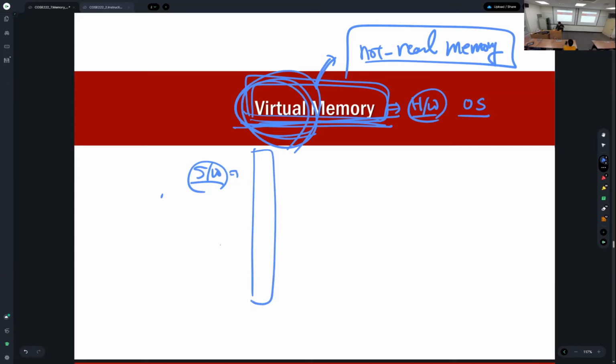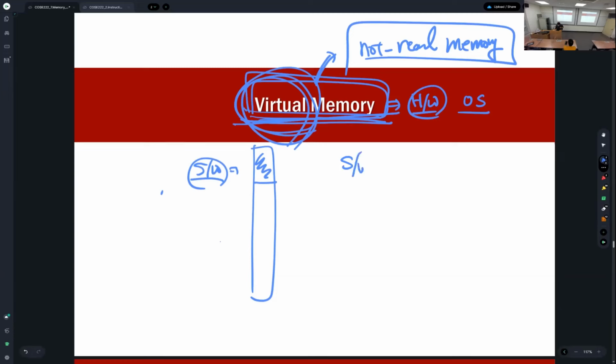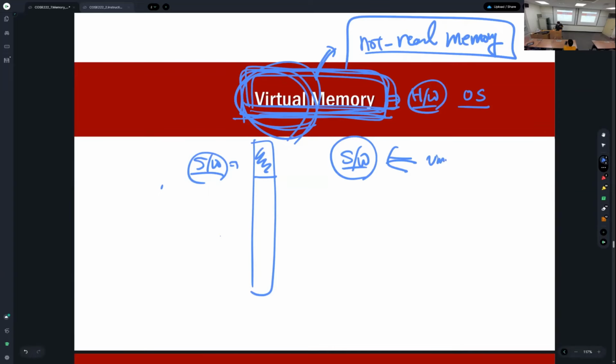But our physical memory space is very, very small. So the idea is that we just provide virtual memory space. Virtual means that it's not real.